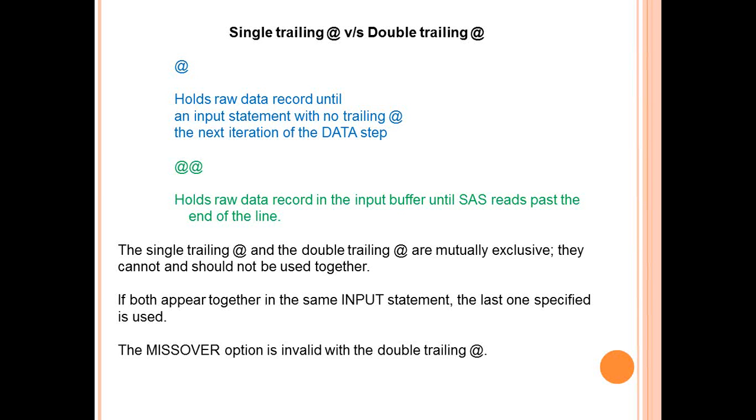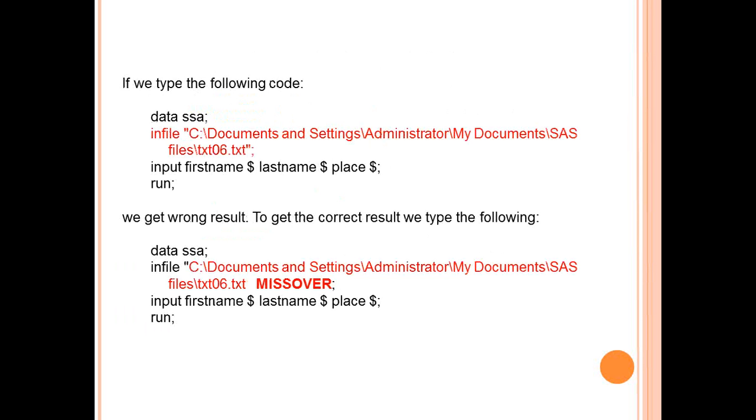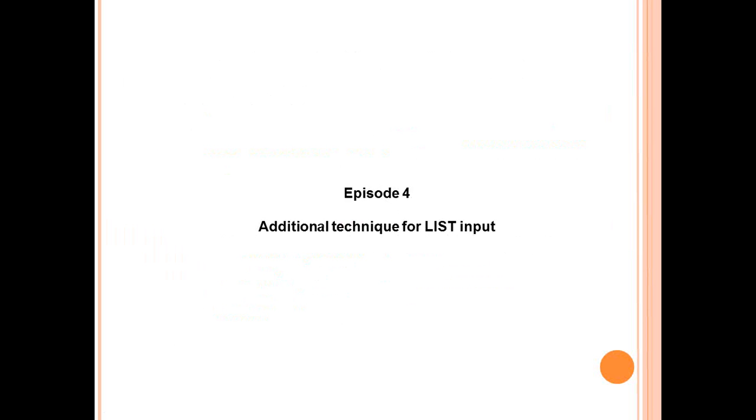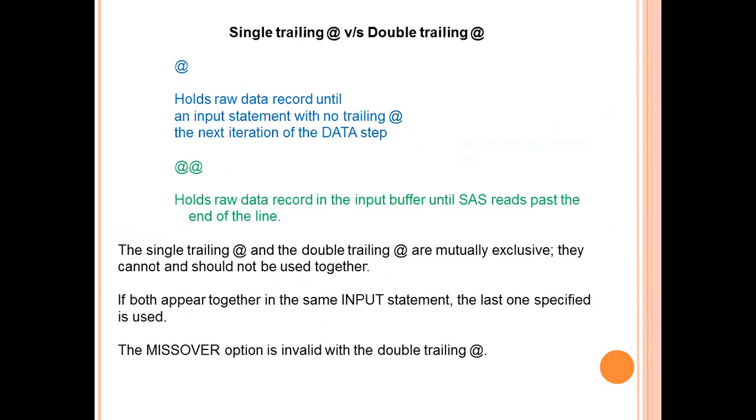So single trailing was for one record, while double trailing holds until that record is completed. For single trailing, I gave the example of location: if USA is the location, we applied the condition on location and then read the next value. It was within a record. But double trailing is for a complete line, and once it is read by SAS, it moves to the next record.